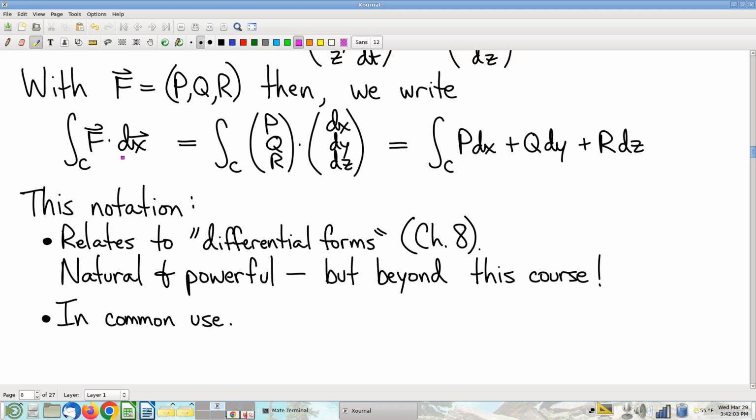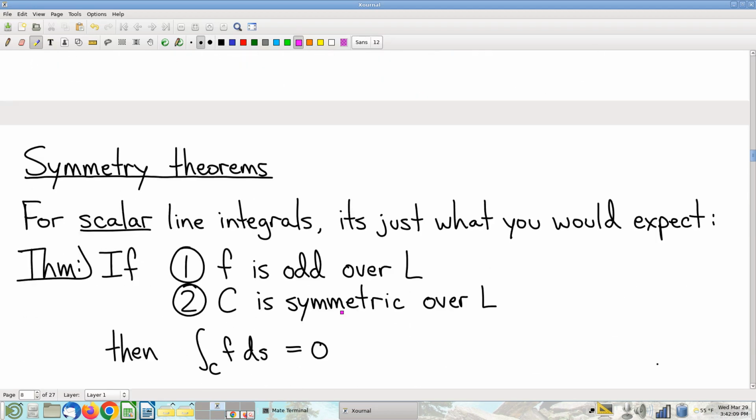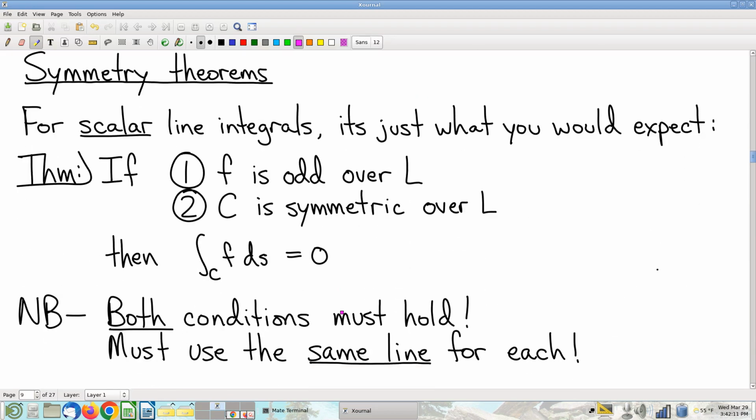Okay, how we doing? Is everybody with me? Okay. All right. Symmetry theorems. Again, big fan, right? I've made no secret of that. I'm going to show you another one for scalar line integrals. There is another symmetry theorem.